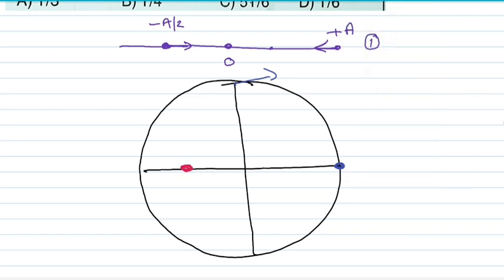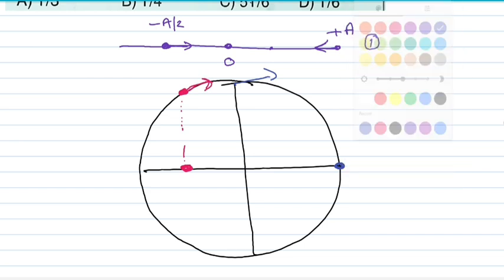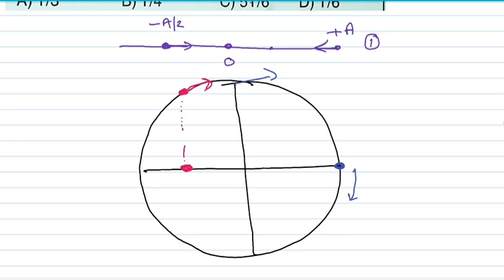The second particle is moving towards the mean position, so the particle is moving along the circle like this. The first particle has to move down like this. So now we have to find out where they will meet, after how much time they will meet here.